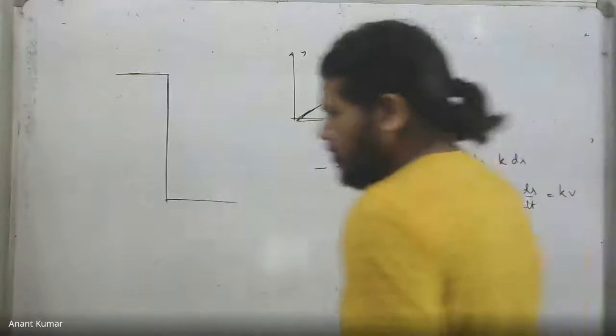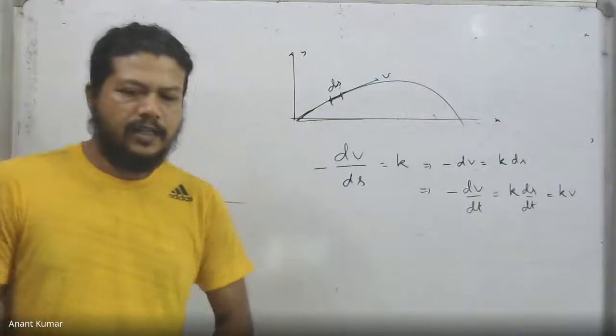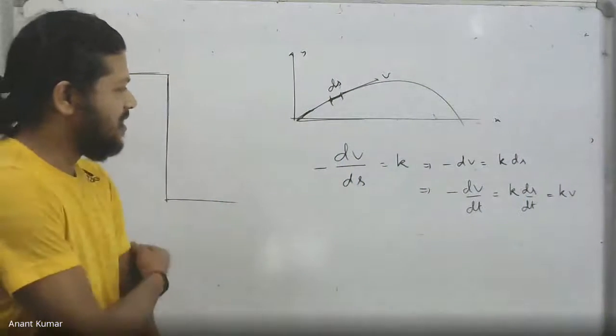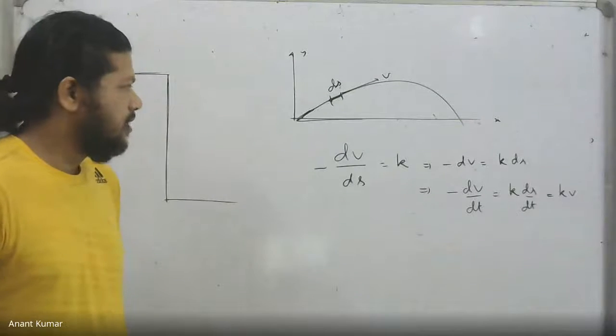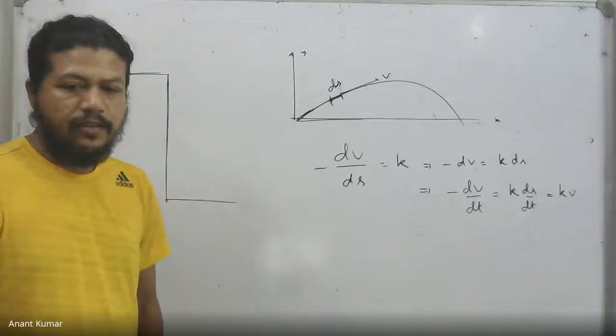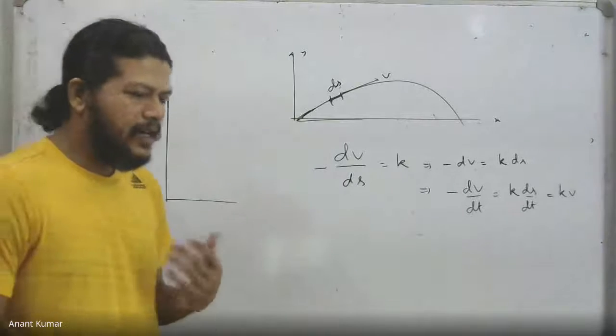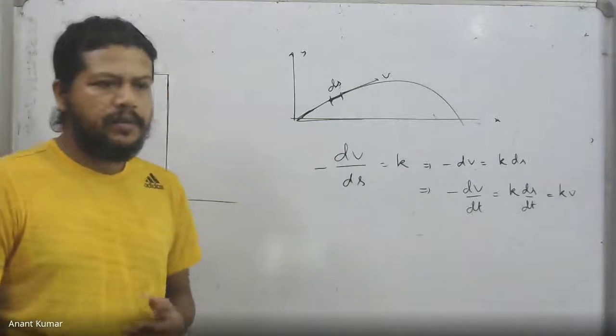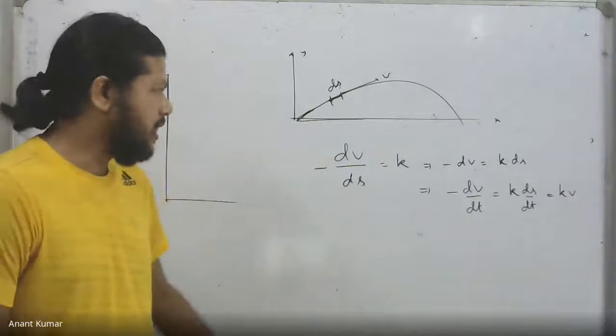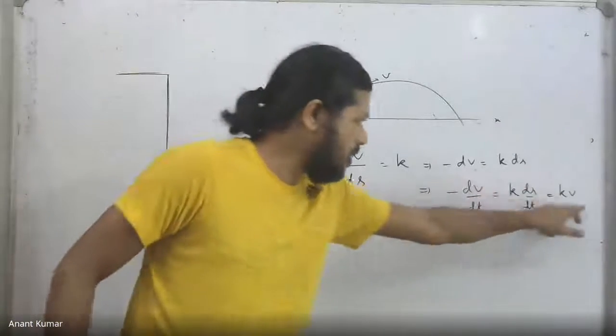Anyway, let us see. What turns out in this case is that the given information, that the speed reduces by 0.1 meter per second per meter, can actually give rise to an equation like this.